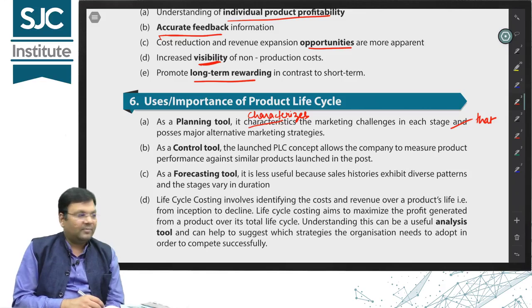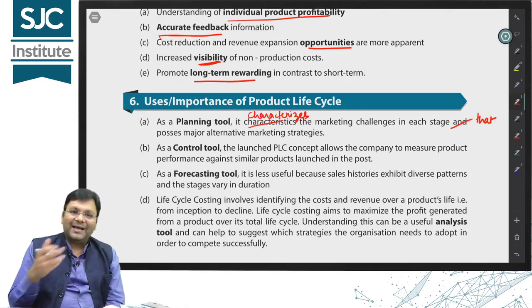Okay, so as a planning tool, it will help you to identify each stage's problems and the solution to each stage so that you can plan beforehand.